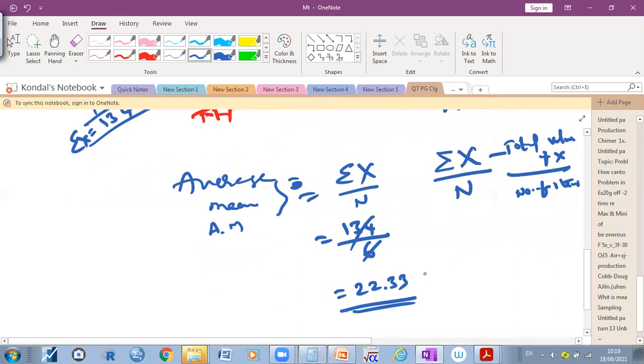So you may conclude, by calculating the average, that in your class the average age is 22.3. It means 22 years and 3 or 4 months.